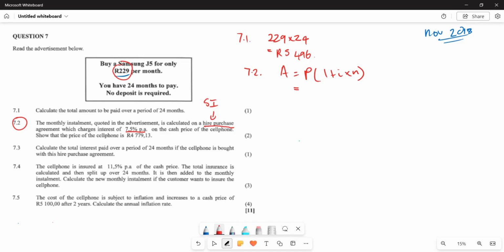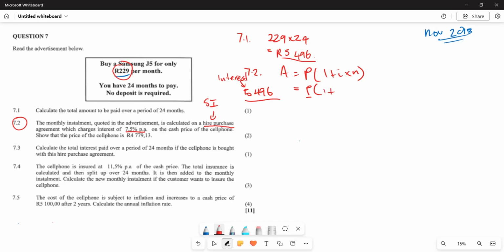For you to calculate the principal amount, you already know that the accumulated amount is 5,496. But you don't know the original cost. Remember, this 5,496 also includes interest.